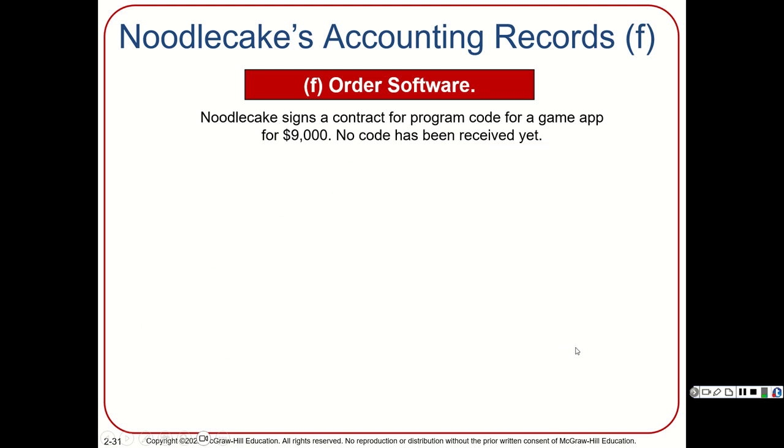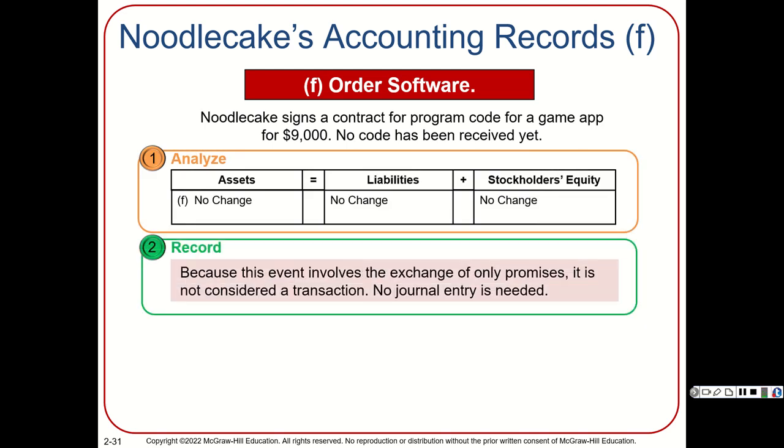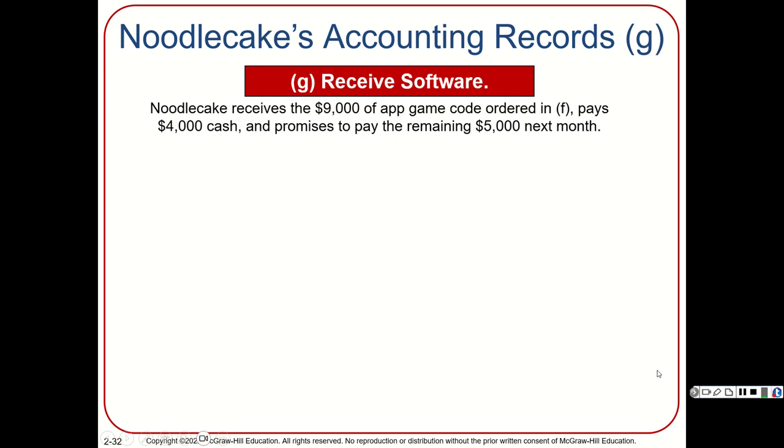This is the one where the contract was signed, so there's no change in the accounts. All right. So again, this is the transaction where the code had not been received yet, so there is no change in the balance sheet accounts. Then they receive the software.